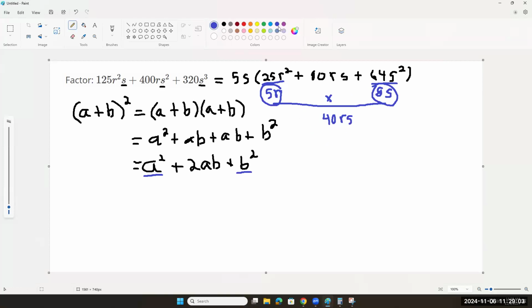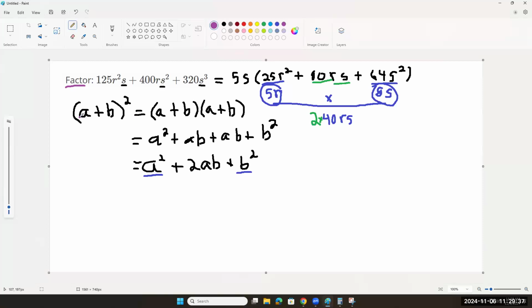And if I double that, you get the 80RS. Okay, so why am I pointing this out? They're asking us to factor this somewhat complex expression, right?